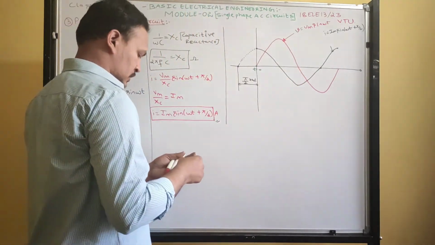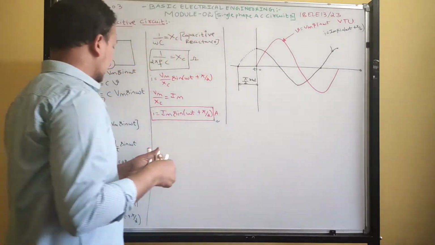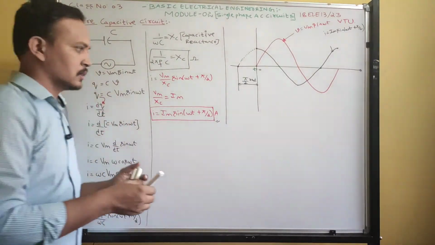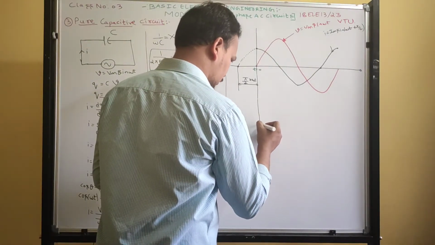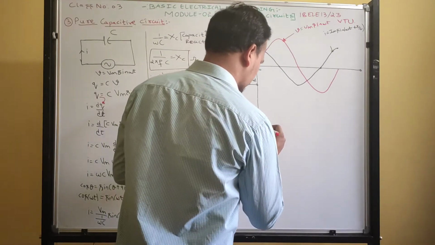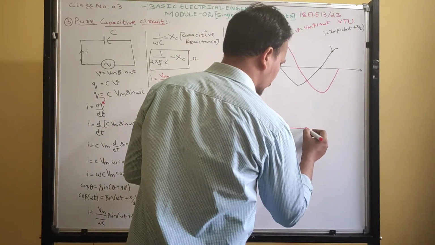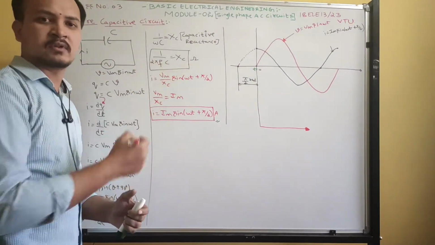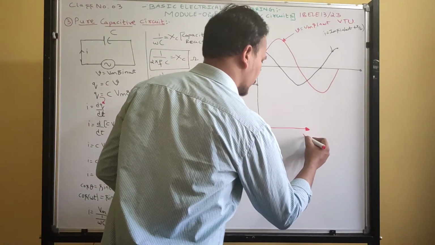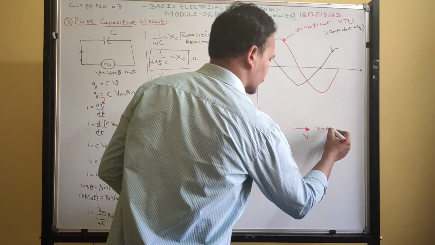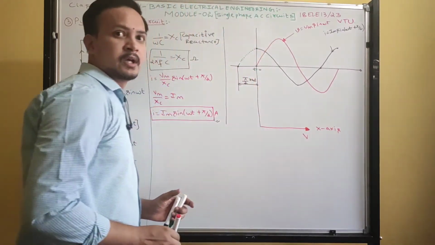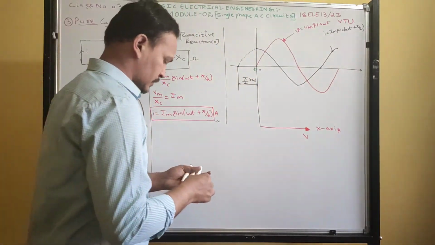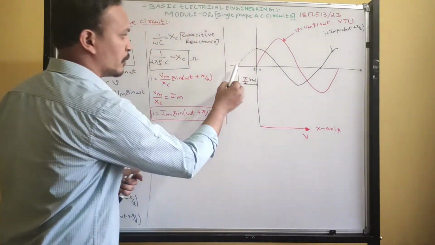Okay, got it? Now, what is the reference you take? Voltage. So the voltage vector you should write on the reference. So this is the voltage, because I take the voltage, and from that voltage I determine what current is flowing into the capacitor. So write V, voltage, on the x axis, the reference axis. Now with respect to voltage, what about current?